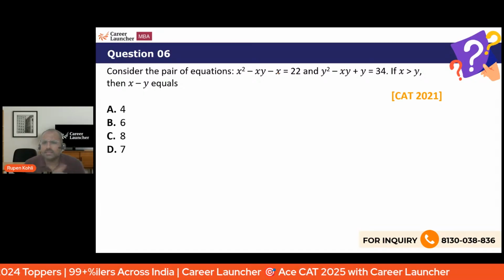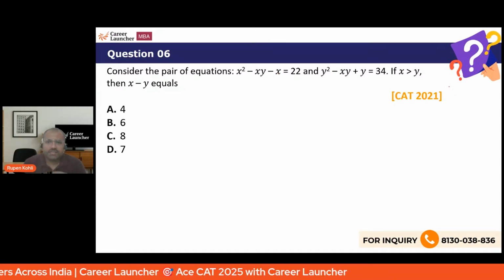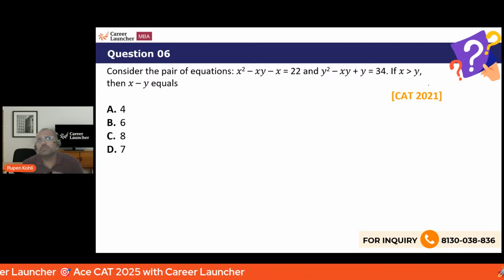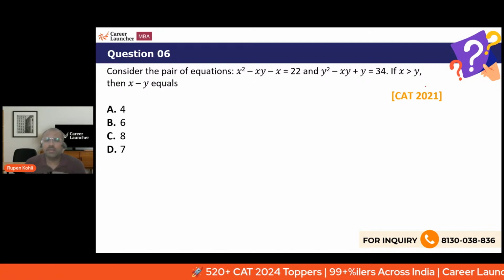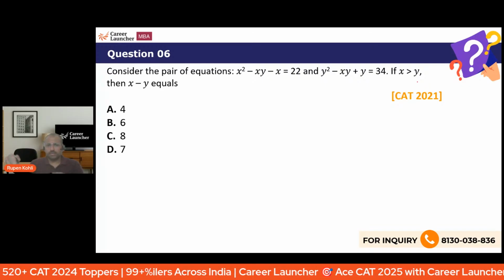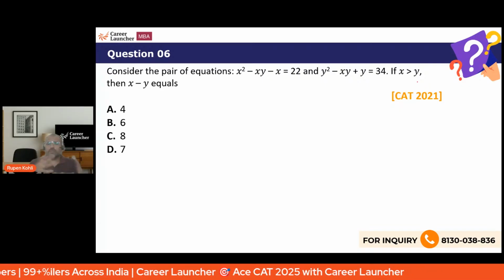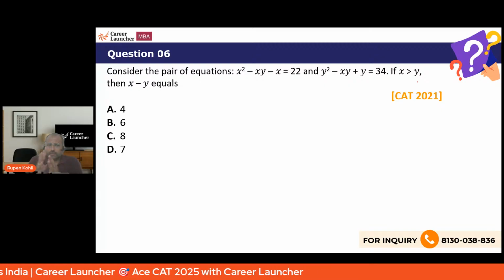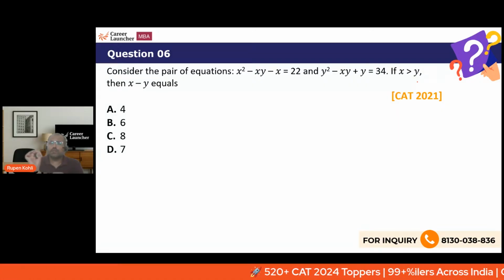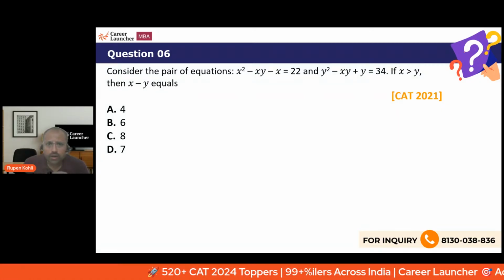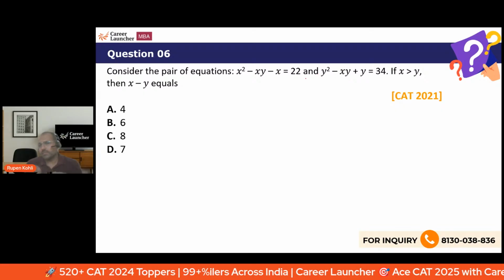So something else is required over here. If x is more than y, then x minus y equals. It looks really difficult that we might be able to find the value of both x and y from these equations. It might be possible, but I think quite time consuming. Always such questions have some kind of trick in them. Typically manipulation of the equations is required, and you should just focus on what we are solving for. We are not solving for the individual values of x and y, but only to find the value of x minus y. So how can we come to x minus y?